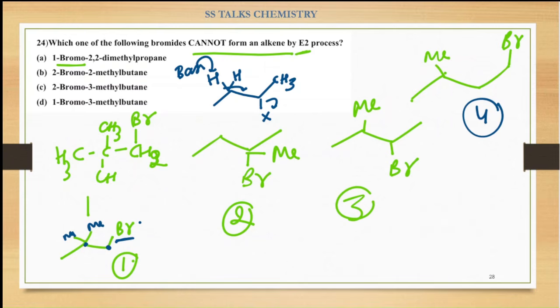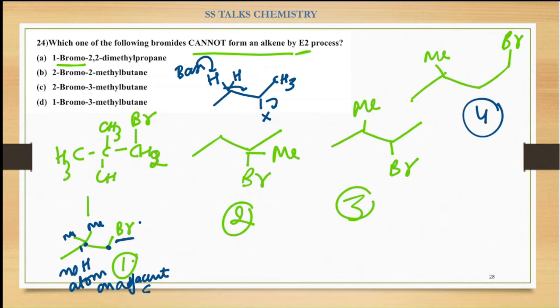So in the first molecule the elimination won't be possible, because on the adjacent carbon center no hydrogen atom is present. That means the correct option is the first one only. There is no elimination. You can check the other ones also.